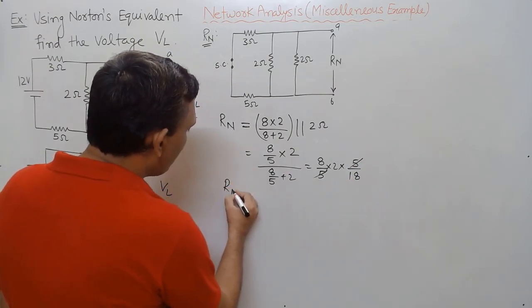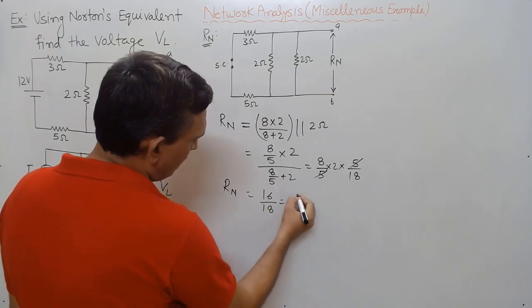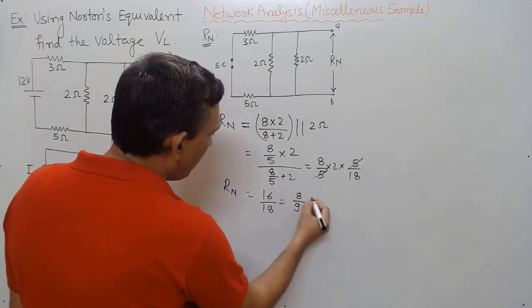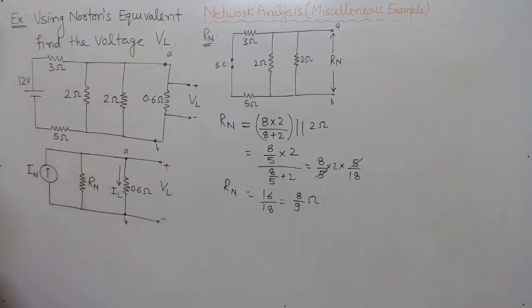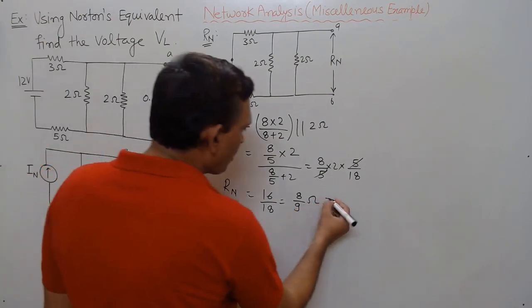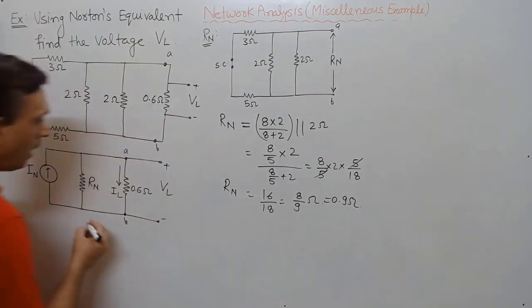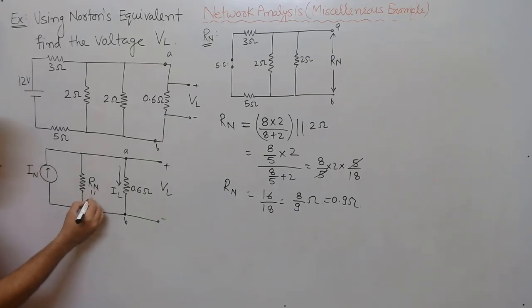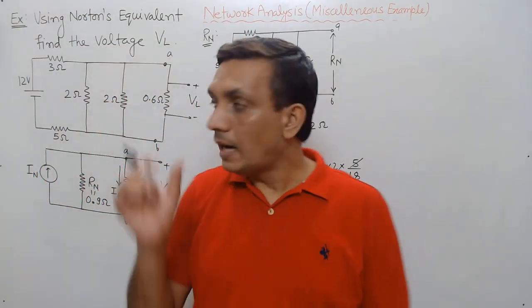So Rn is 16 by 18, 8 by 9 ohm, or approximately 0.9 ohms. So Rn is 0.9 ohms. Now we have to find the current IN.